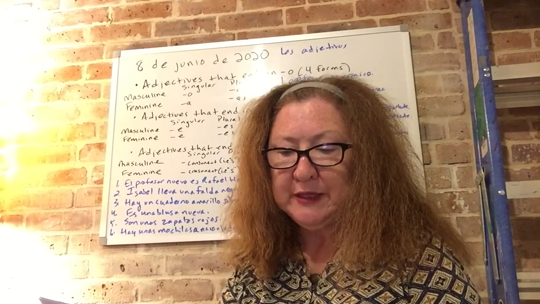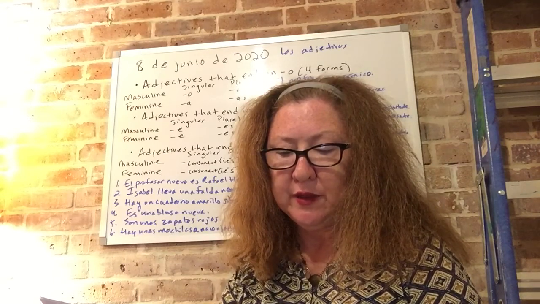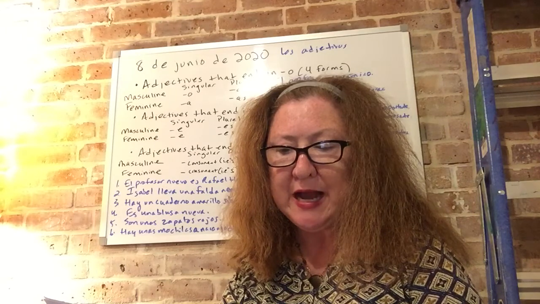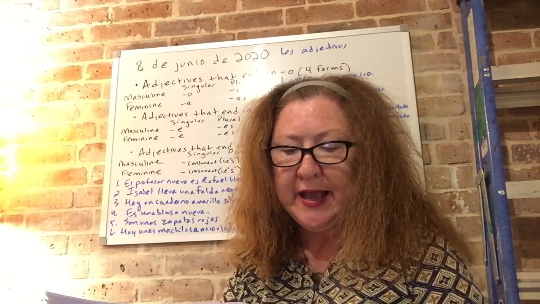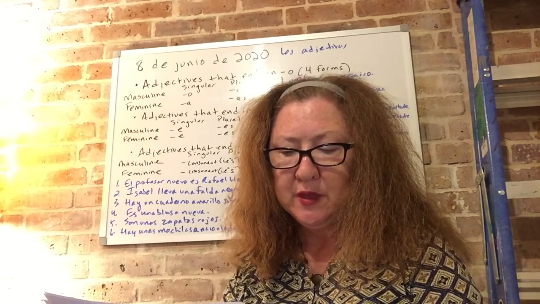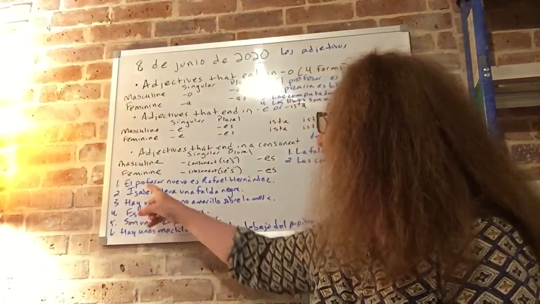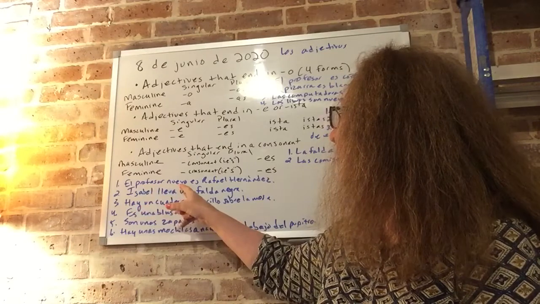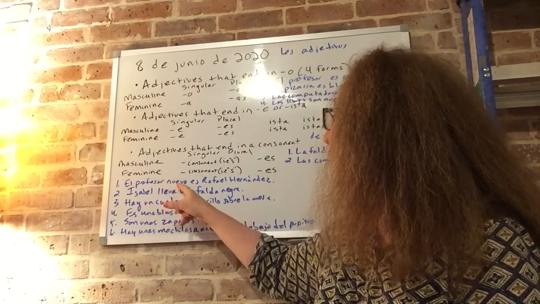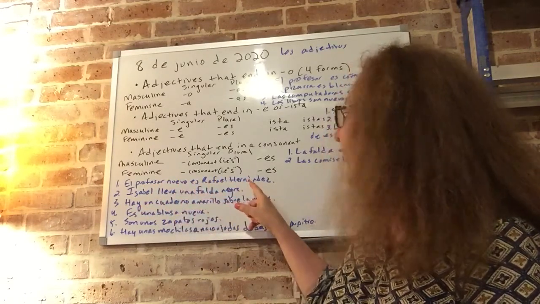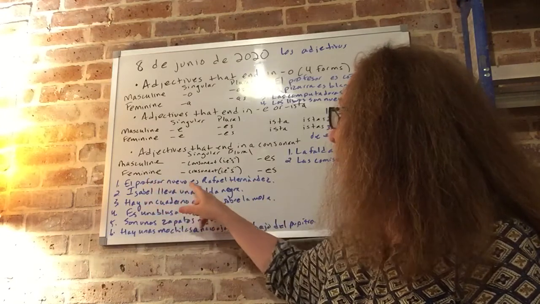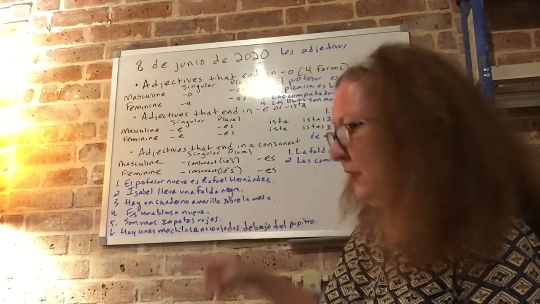Okay, so we're going to do some examples of the adjective being placed after the noun. Okay, the new professor is Rafael Hernandez. El profesor nuevo, so it comes after profesor, es Rafael Hernandez.